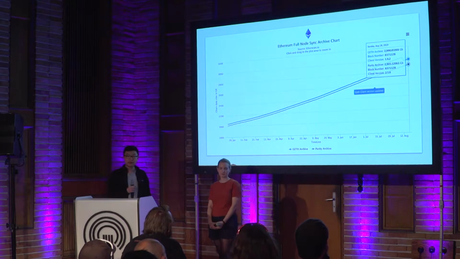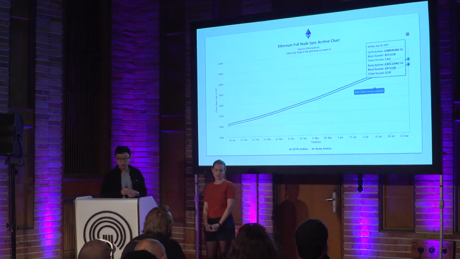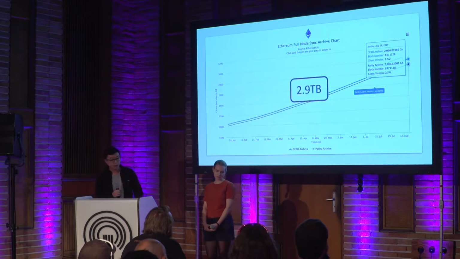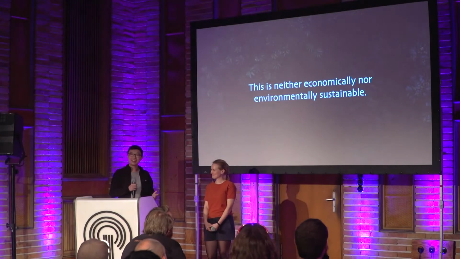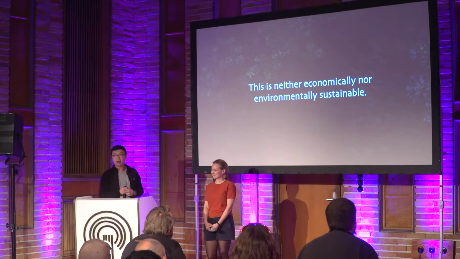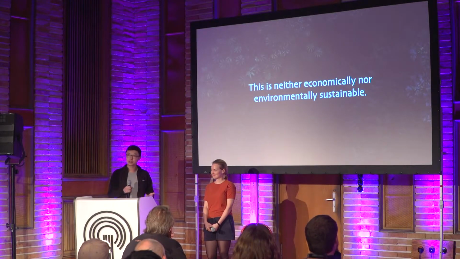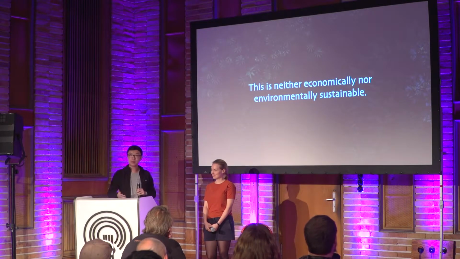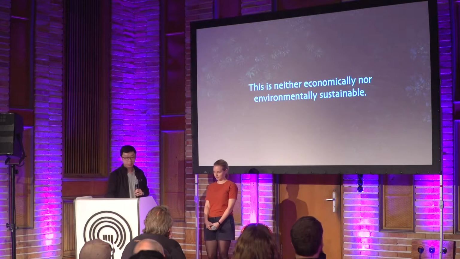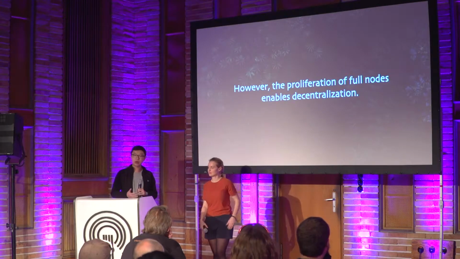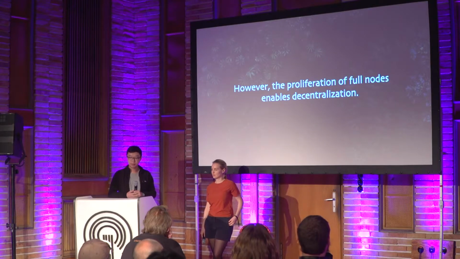And if we looked at the Ethereum blockchain size over time, we can see that it is now at 2.9 terabytes. Yikes. It's pretty large. And the takeaway here is that this is neither economically nor environmentally sustainable. However, this is a very important problem because full nodes are the backbone of decentralized networks.